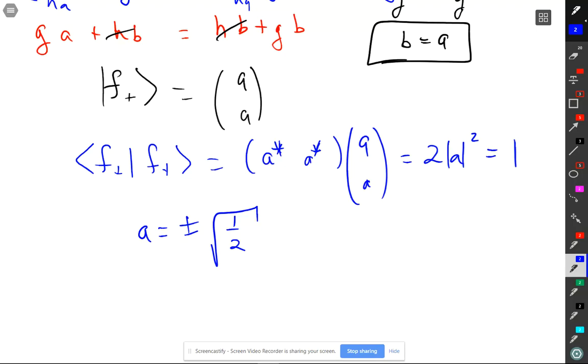And if you want to be really technical, times e to the i theta, where theta is anything. But we always just say, let's let that equal 1, since theta could be anything. And so now I have my F plus. And I'm just going to take the positive sense.